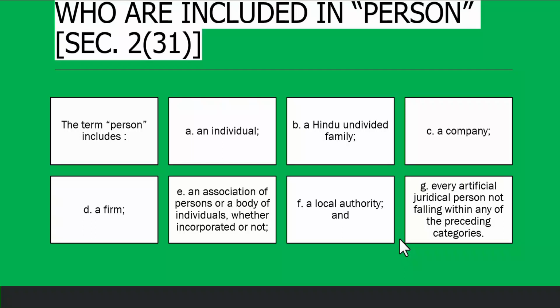That means myself, my wife, my son, and my daughter. We have given that commercial property to, for example, Pizza Hut, and they are paying me a rent of 1 lakh rupees. So that money which I receive is the income of HUF and not mine as an individual.